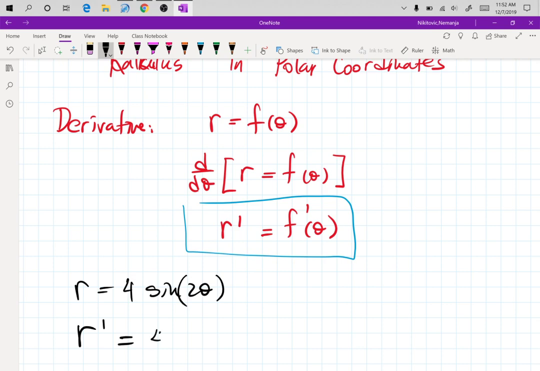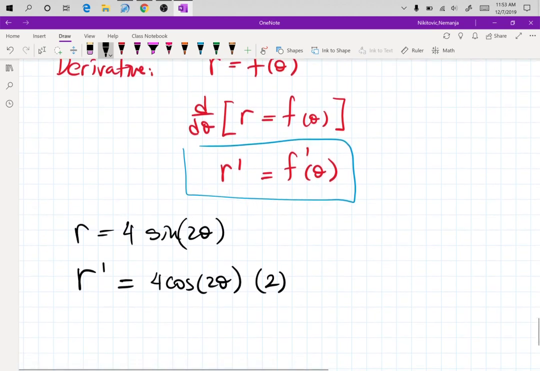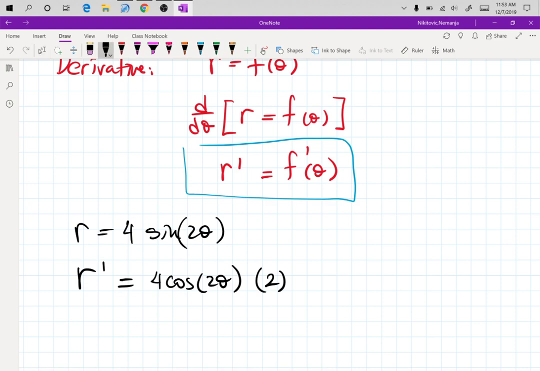The 4 cosine 2 theta times the 2 from the chain rule creates 8 cosine 2 theta. So the derivatives are done exactly the same.